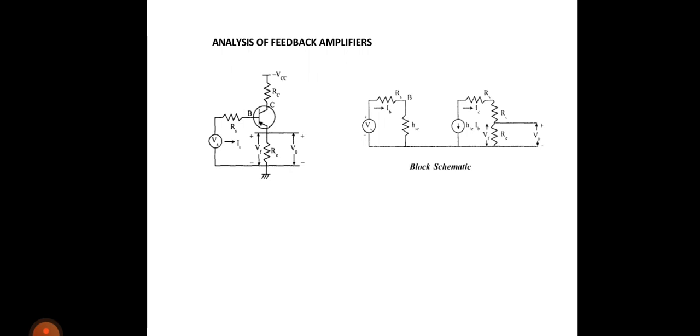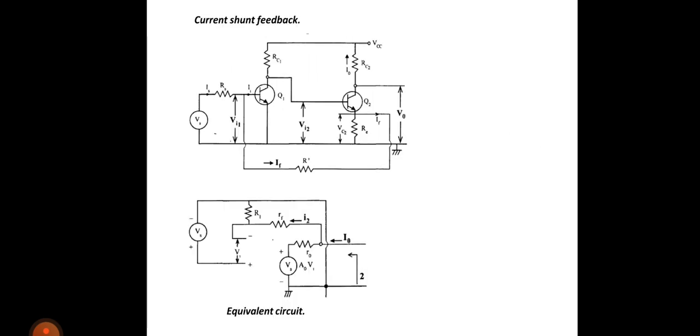In the same way, you can analyze the current shunt feedback amplifier. So you can see current shunt feedback. The output is not located at the feedback element, so it is current sampling, but feedback is given back to the input. Here R prime is nothing but the feedback element.